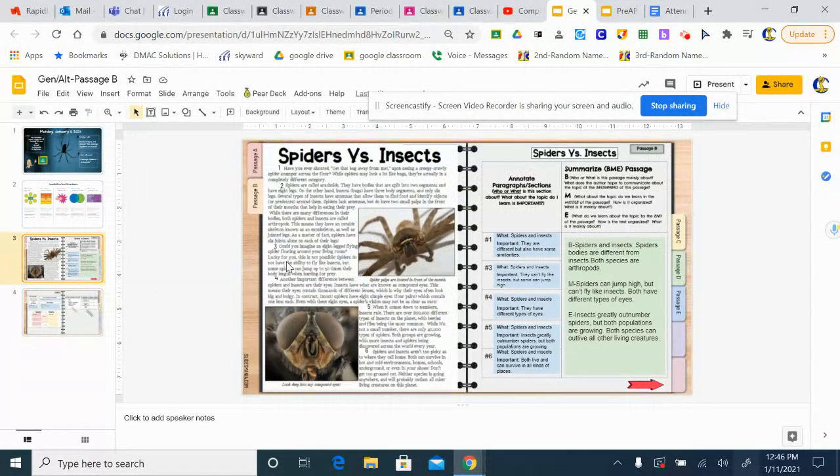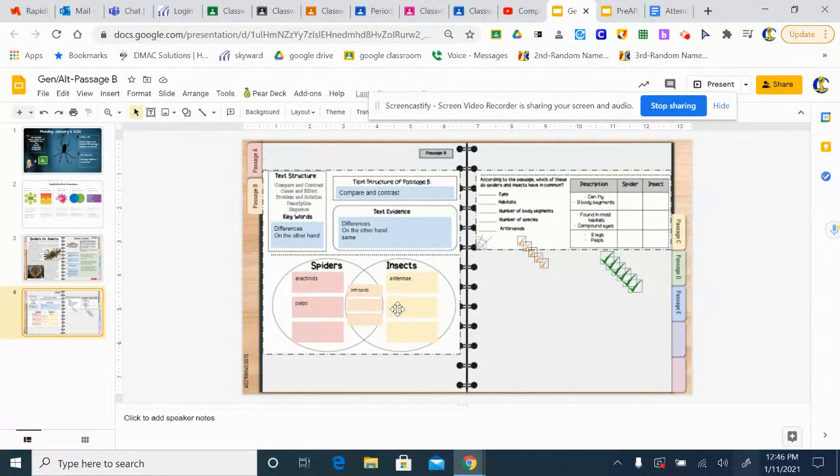It says here that it's not possible for spiders to fly. So instead of flying, what they do is they jump very high. So again, that would be a difference. So insects can fly. Instead of flying, for spiders, they jump high.